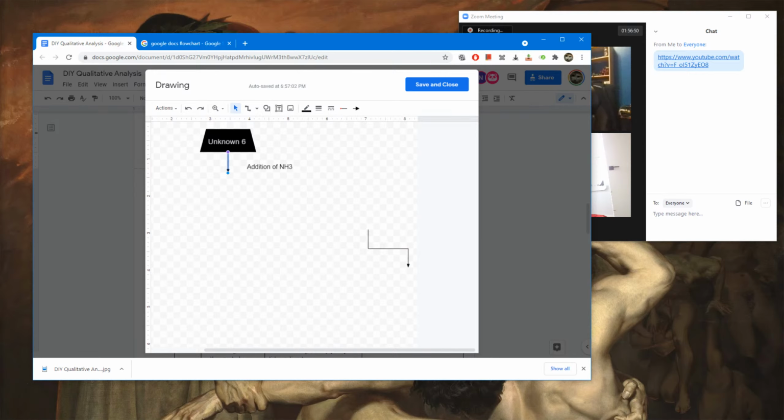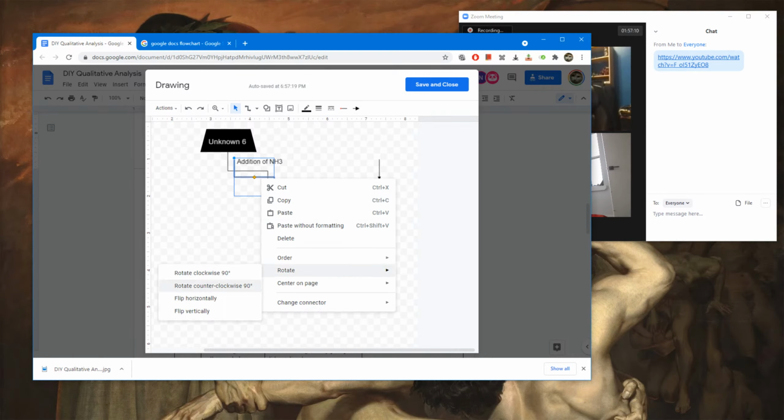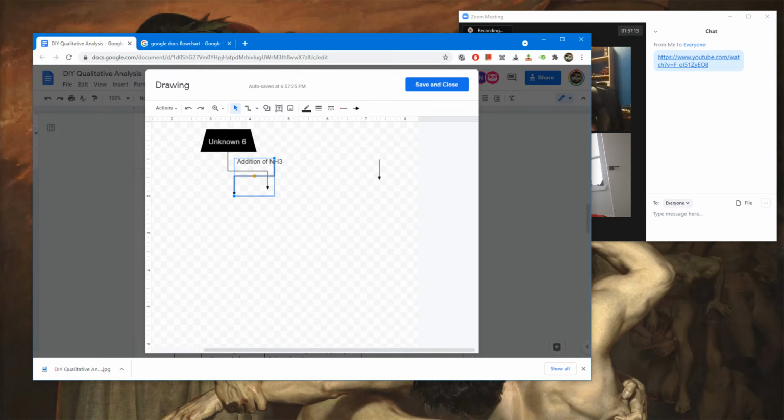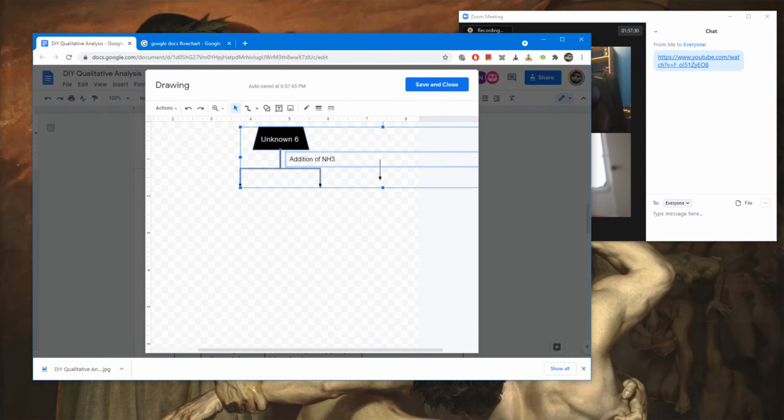I'll do this kind of thing. Addition of NH3.